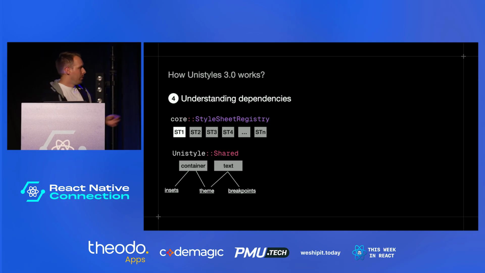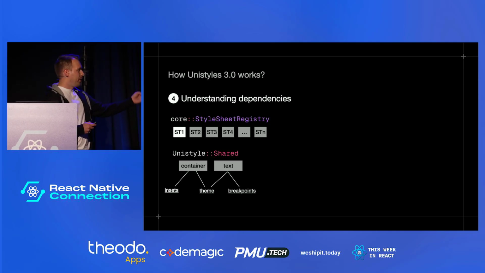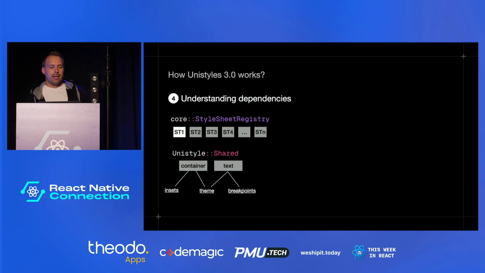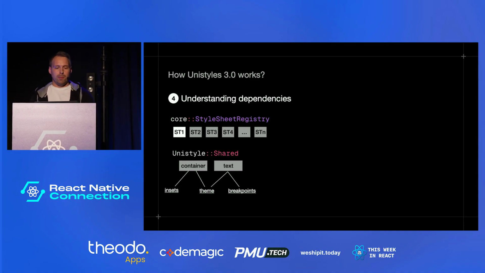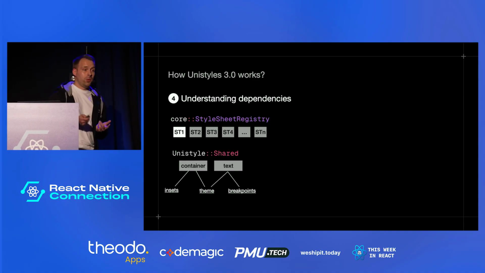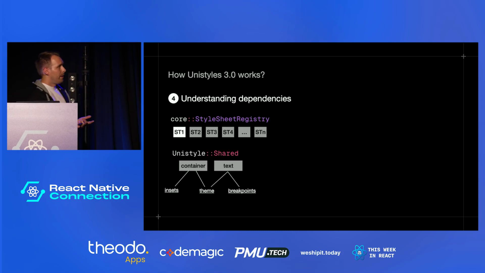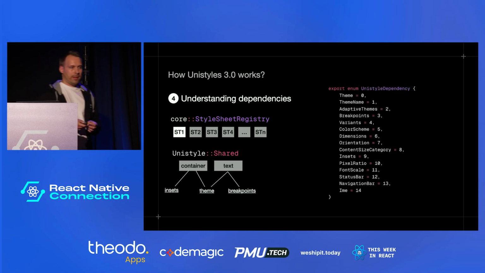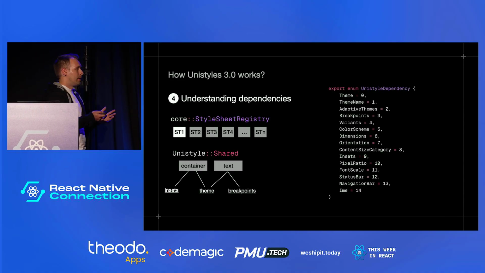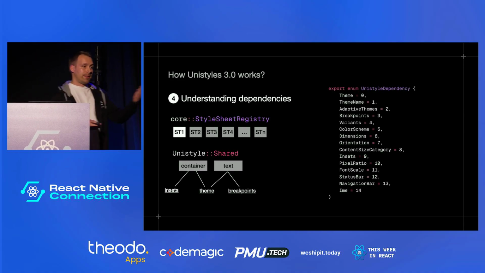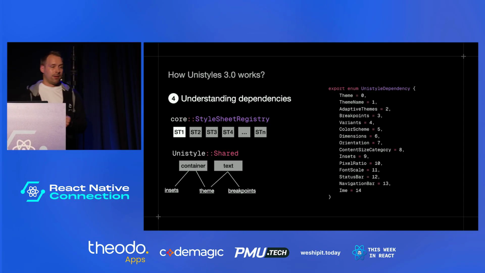So in our example, we had two styles, container and text, and container depends on insets and theme, and text depends on theme and breakpoints. But actually, Unistyles can reference up to 15 dependencies. For example, keyboard height, navigation bar size, pixel ratio, or some kind of accessibility values like content size category.